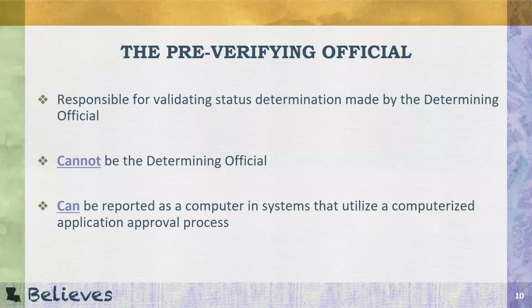The pre-verifying or confirming official will only verify applications that are selected for verification. They do not need to confirm the status eligibility of all applications as the determining official does.